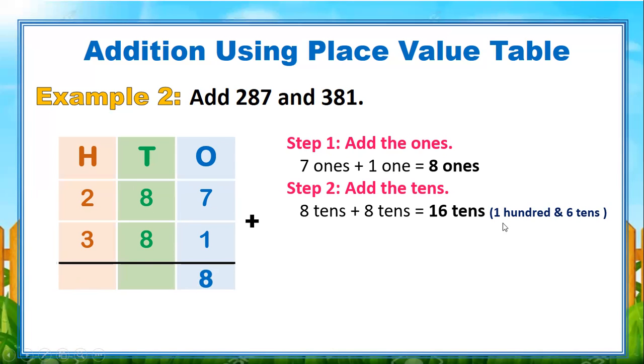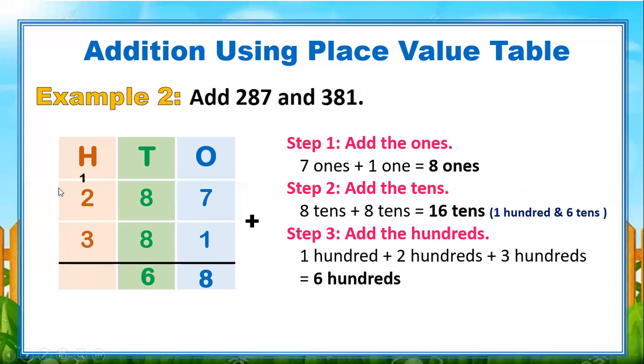16 tens is equal to 1 hundred and 6 tens. So 6 will be written here. And we need to move 1 to the hundreds column. So we need to move 100 to the hundreds column. And our last step is to add the hundreds digit.